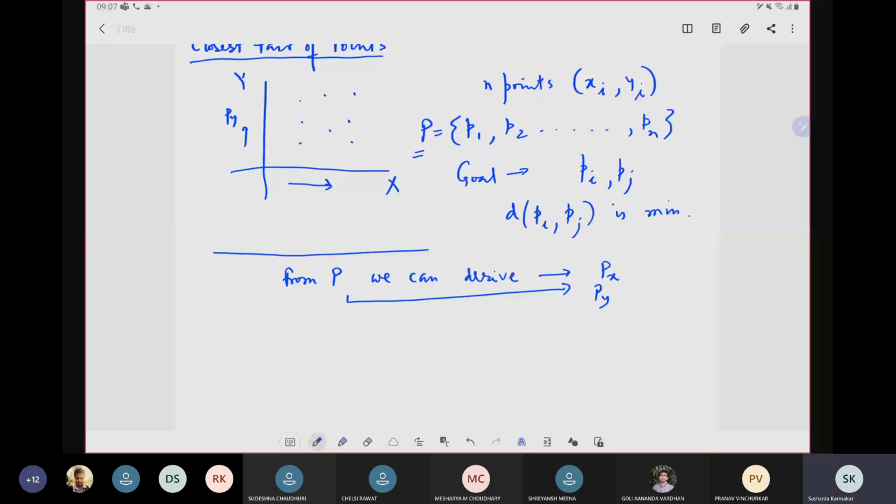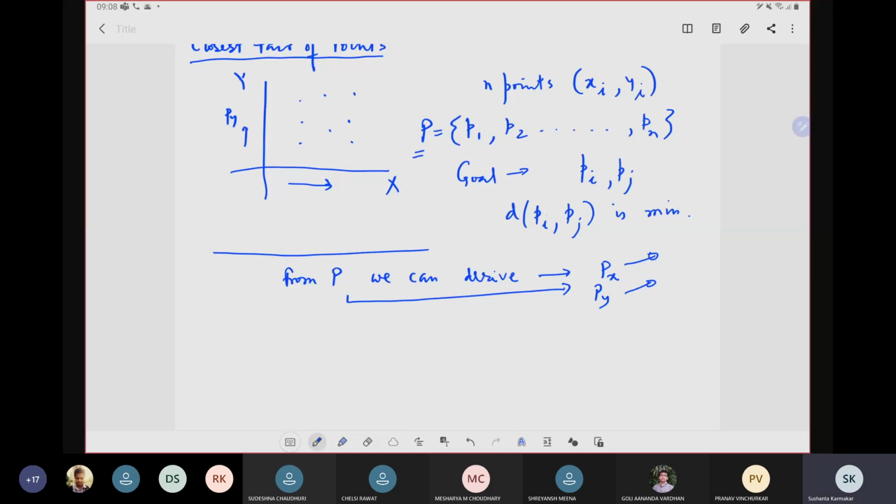These two sets we can form. How much time does it take? Probably we can do this sorting in order n log n time. Both these things we can do in n log n time, because if we just execute one n log n sorting algorithm on P, then we get Px and Py.